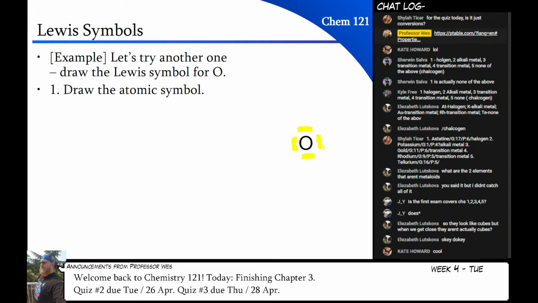And what you should do is put 1 electron in each spot and then start pairing them. The reason for that is electrons repel, right? So electrons will only pair if they have to. When you run out of sides, you have to. So draw the dots around your oxygen in a way that you think would be the Lewis symbol for oxygen. And we'll check out your answer in about 1 minute.